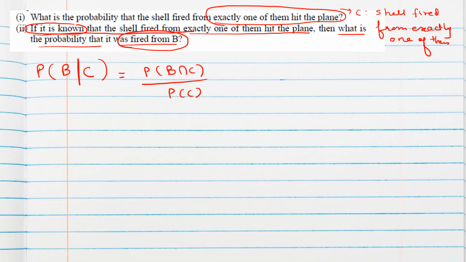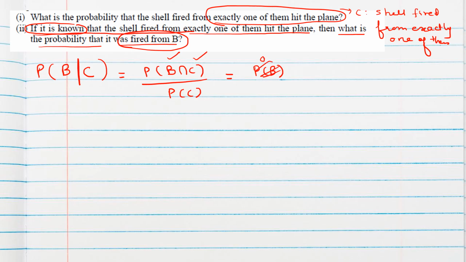We should find this intersection, P of B intersection C. B means B will hit the plane. C means exactly one of them hits the plane. So B intersection C will be P of only B.